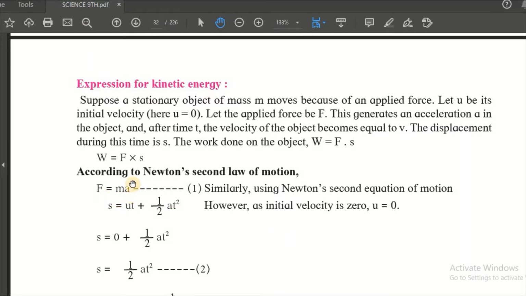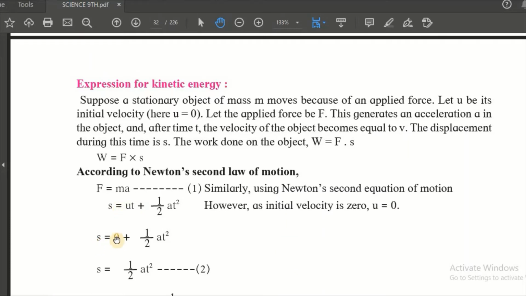First of all, the formula F is equal to ma, where F means force, m means mass, a means acceleration. Equation number 1. Similarly, we use Newton's second equation of motion, with initial velocity 0.